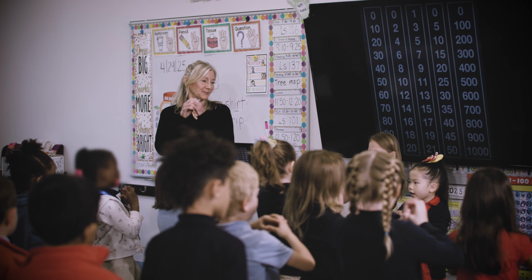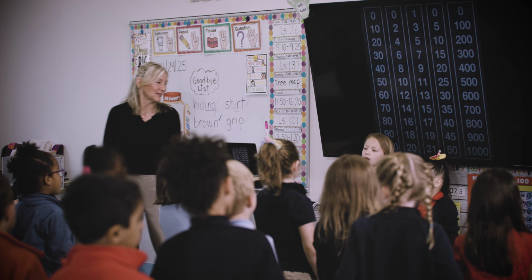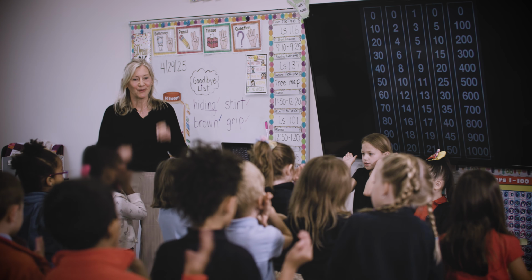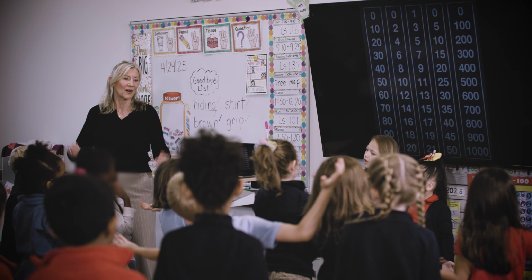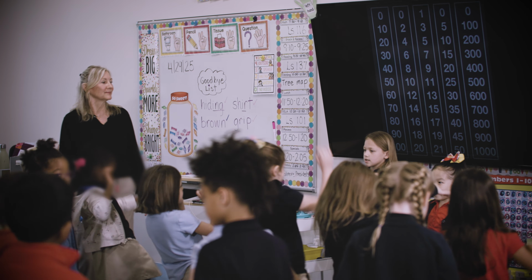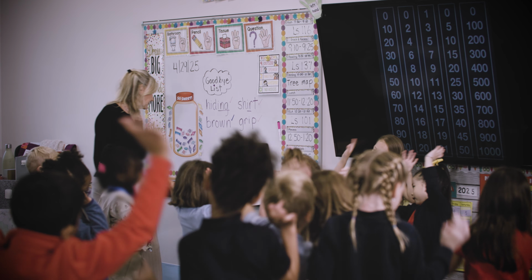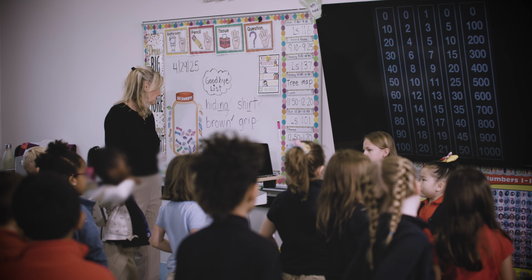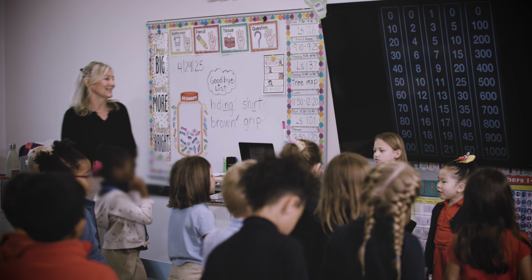0 plus 0 equals 0. Hero. 1 plus 1 equals 2. Boo. 2 plus 2 equals 4. More. 3 plus 3 equals 6. Kicks. 4 plus 4 equals 8. That's great. 5 plus 5 equals 10. Booyah! 6 plus 6 equals 12.